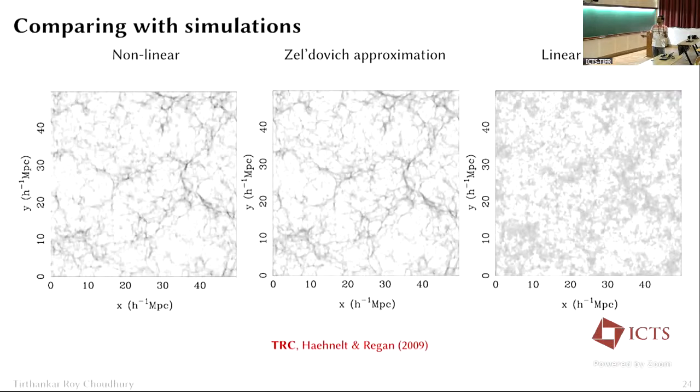Of course, the linear field will look completely different. If you just evolve using the fact that delta grows as D, then you will end up with something which looks like this, which is nowhere close to what the actual cosmic web looks like. The 2LPT will be slightly more accurate than the Zeldovich approximation.